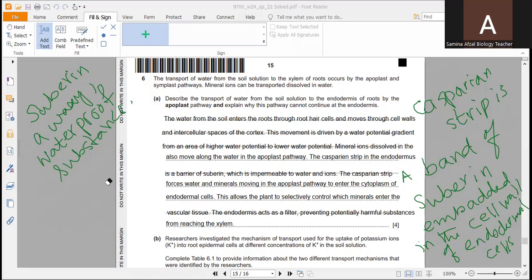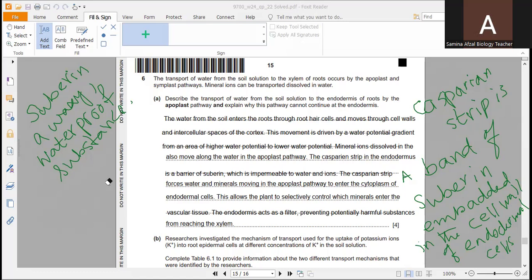The Casparian strip forces water and minerals moving in the apoplast pathway to enter the cytoplasm of the endodermal cells. This allows the plant to selectively control which minerals enter the vascular tissue. The endodermis acts as a filter, preventing potentially harmful substances from reaching the xylem. The Casparian strip is like a roadblock that forces everything off the highway and into a checkpoint.